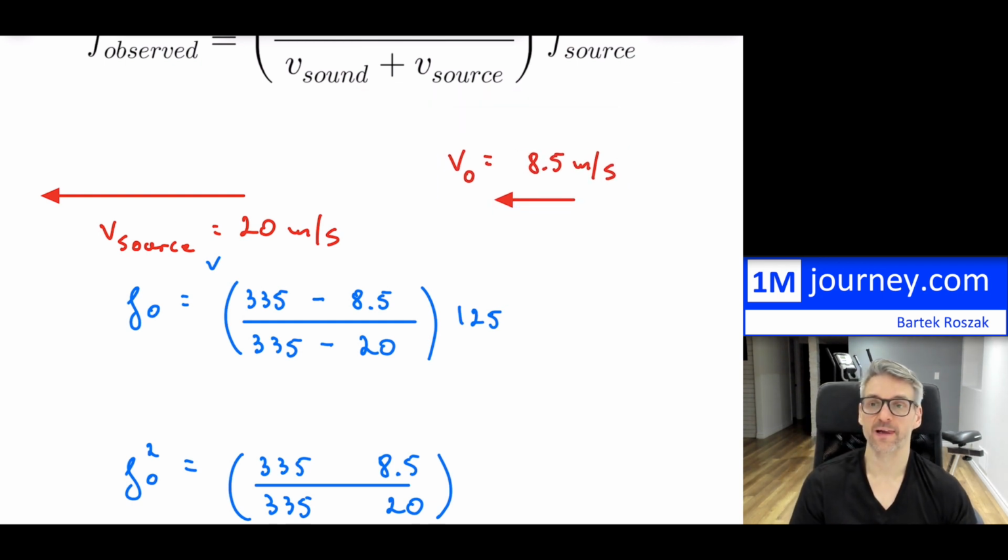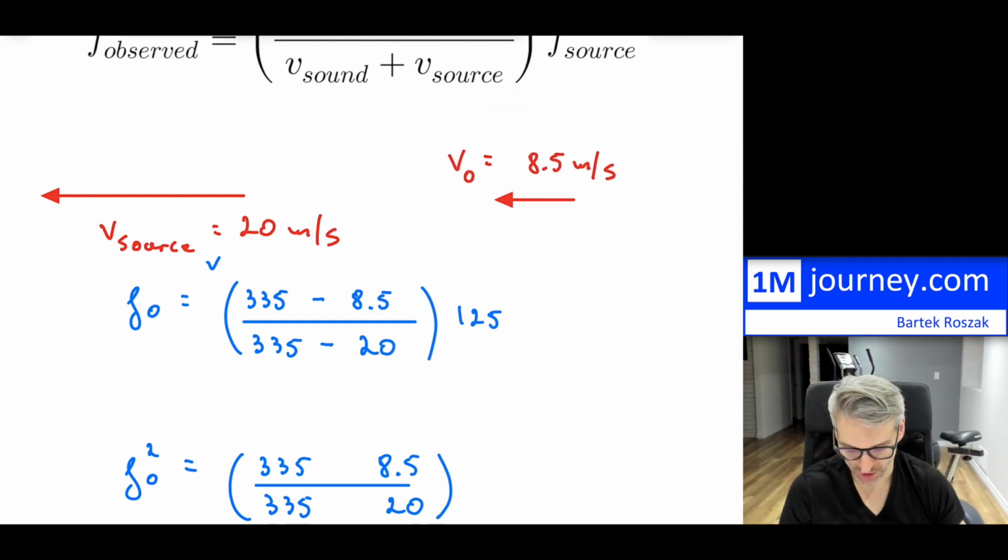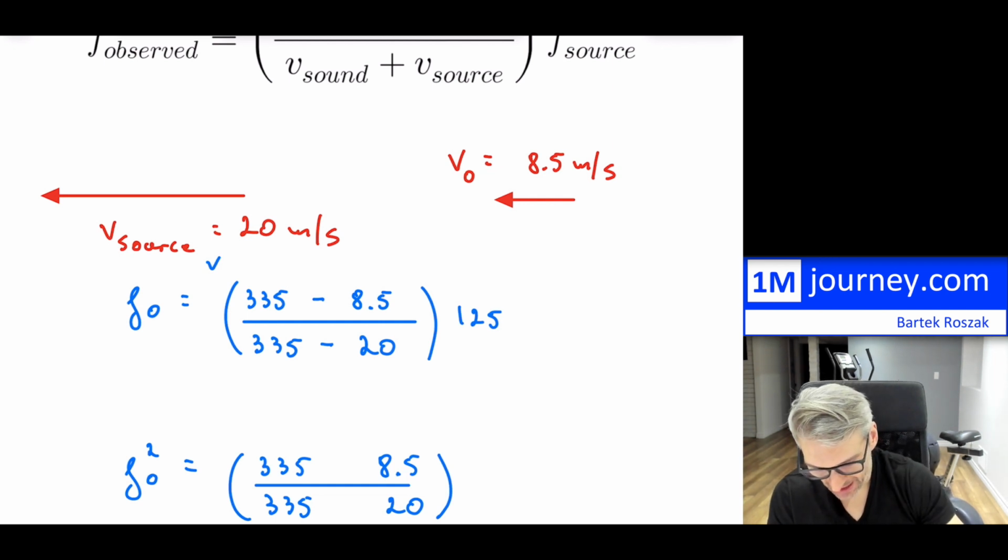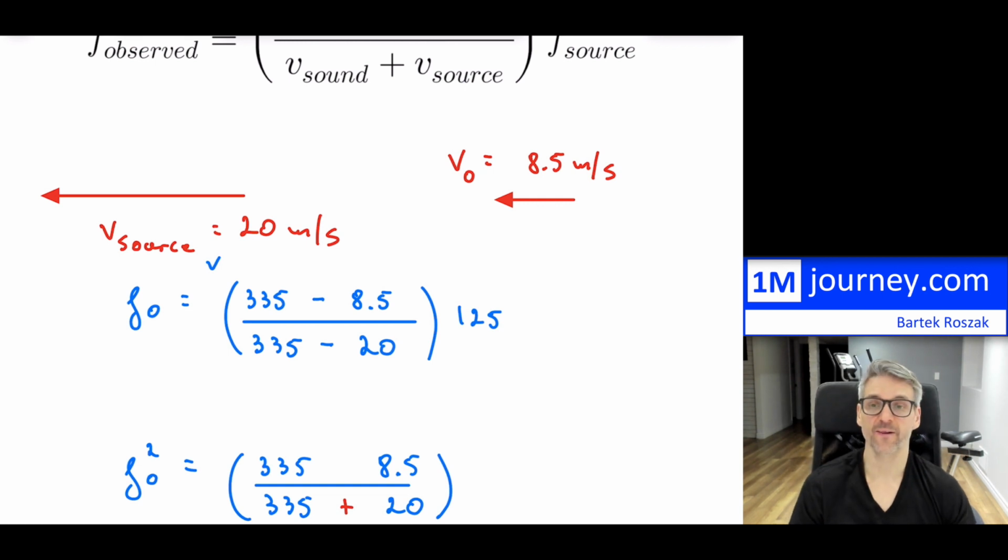So now it's moving away from the observer. In that case, this is going to be positive right there. The upper one is still going to be negative.